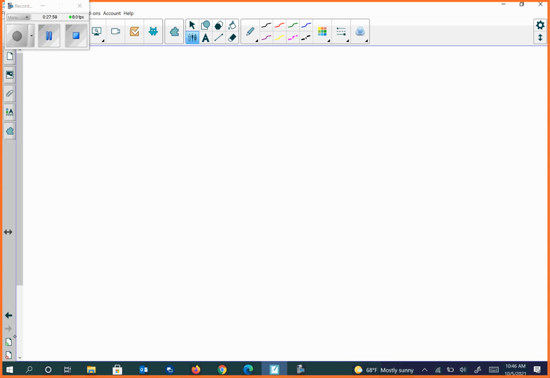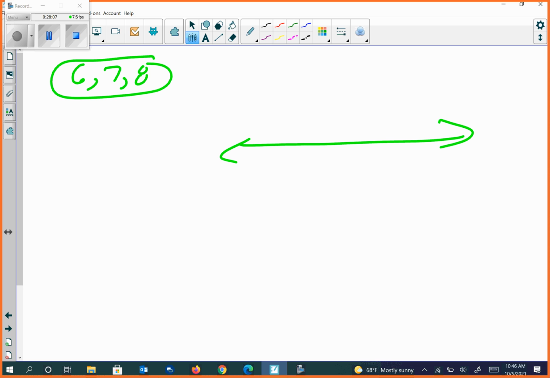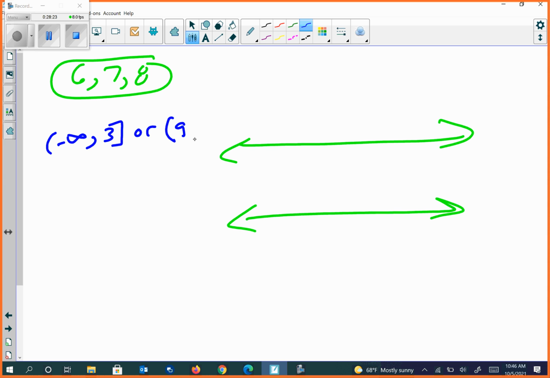All right. The next 3 problems, so 6, 7, and 8, will be something like this. So you might have one that is negative infinity to 3, hard bracket, or 9 to infinity. And we want to graph that.